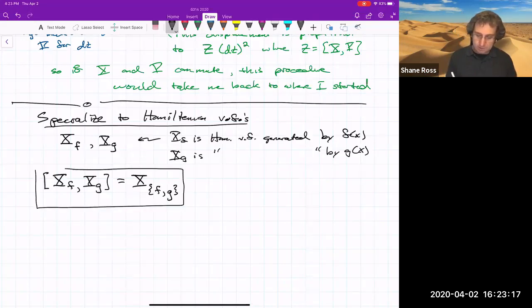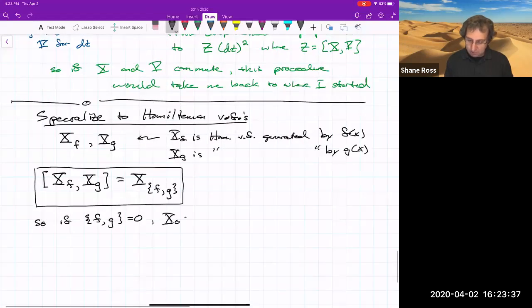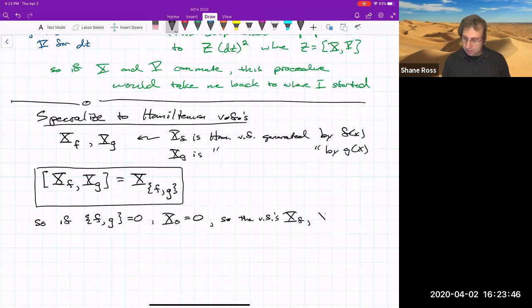And it's nice. So if the Poisson bracket of F with G equals 0, well, the Hamiltonian vector field generated by 0 is just 0. So the vector fields X sub F and X sub G commute.